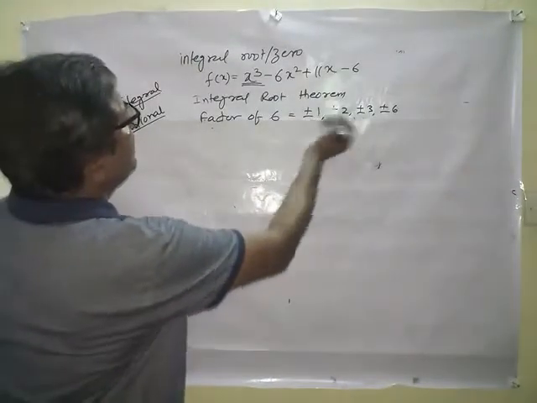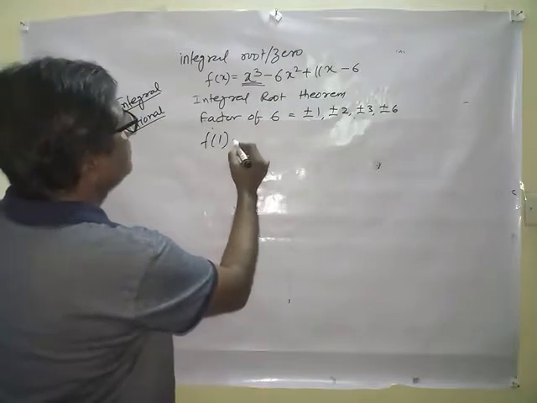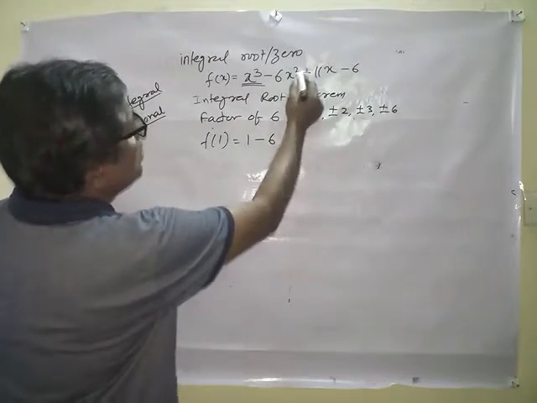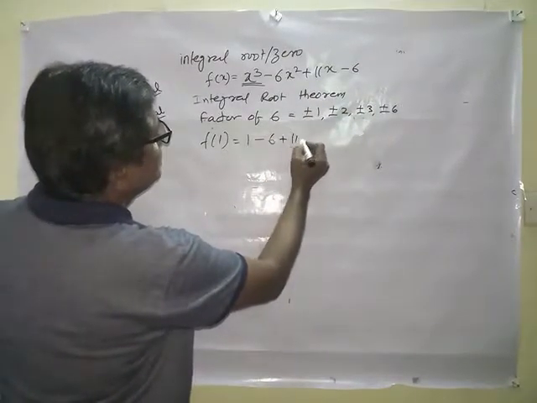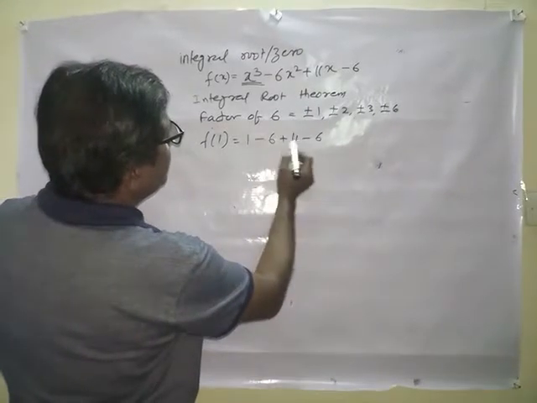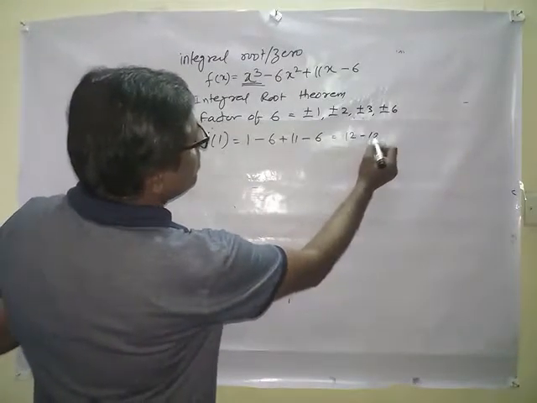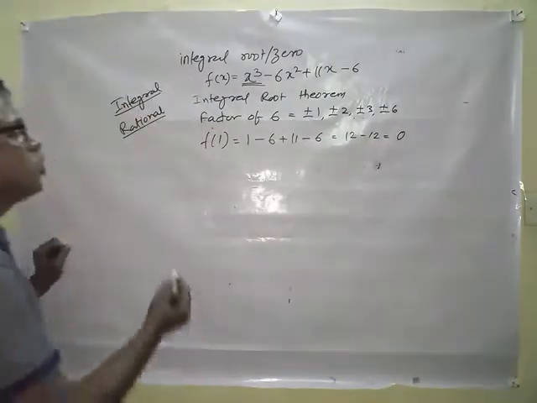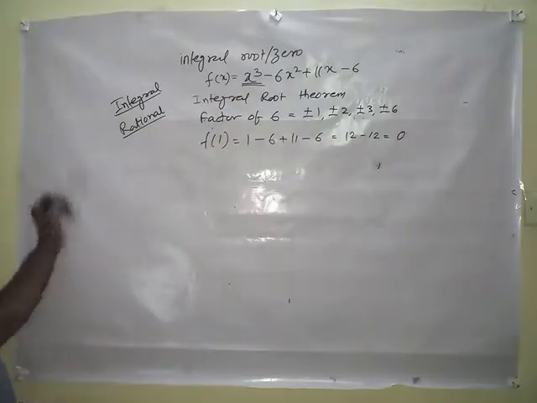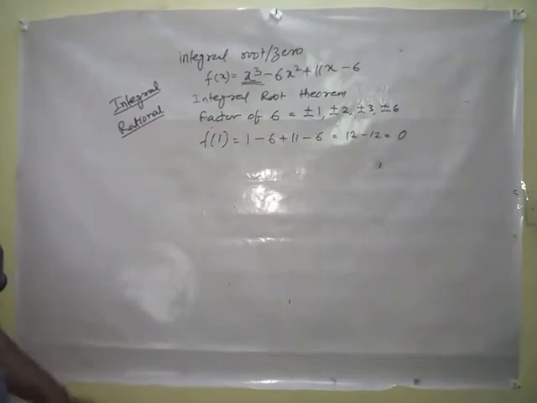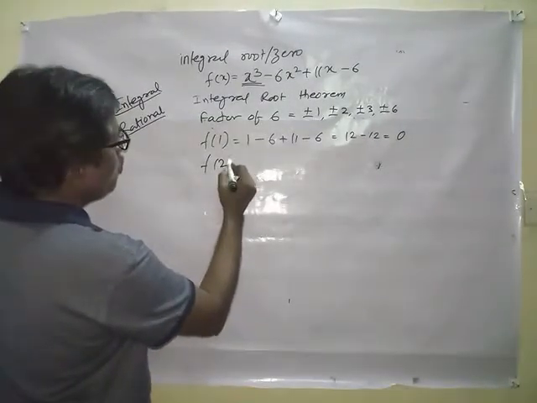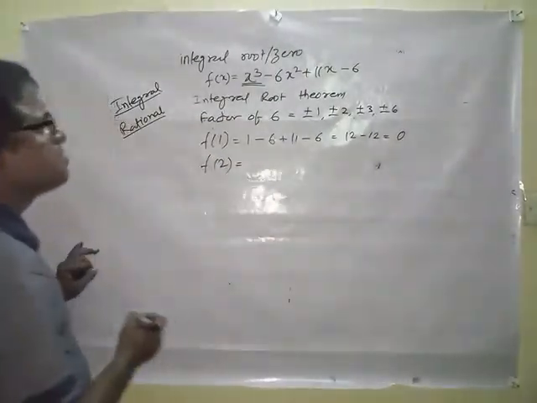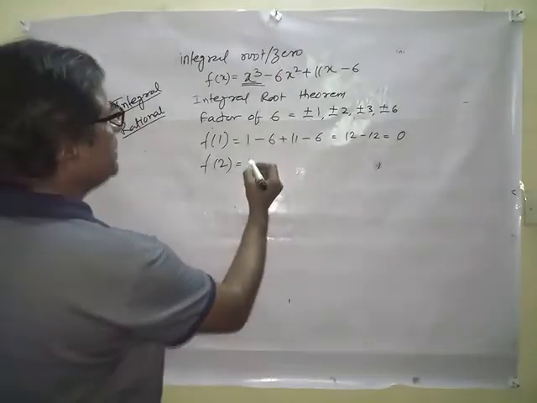Here you have to use the trial and error method. Say f(1): 1 cube is 1, minus 6 times 1 square is 1, plus 11 minus 6; 11 plus 1 is 12, 12 minus 12 equals 0. So 1 is a zero root of this equation. Let us apply f(2). You can also try f(-1) and others; it is a matter of luck how fast you get it.